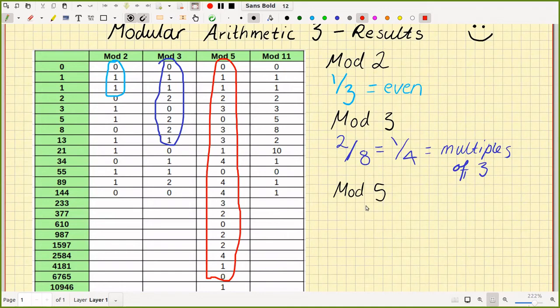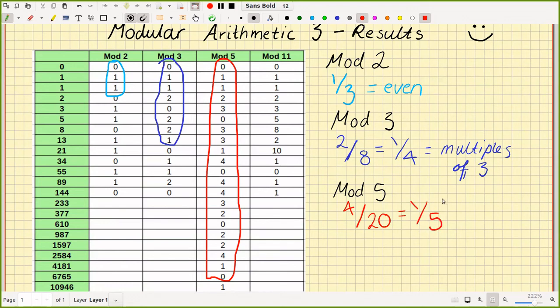So out of 20, how many zeros do we have? Well, if you count, you can see that there's 4 numbers that are 0. So 4 out of 20 of these numbers are multiples of 5. And 4 out of 20 is the same as 1/5.